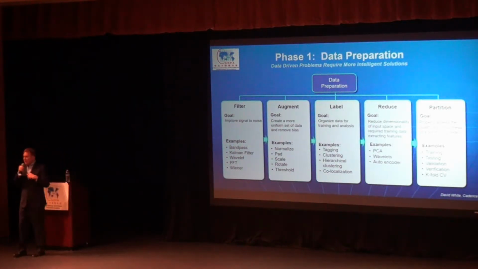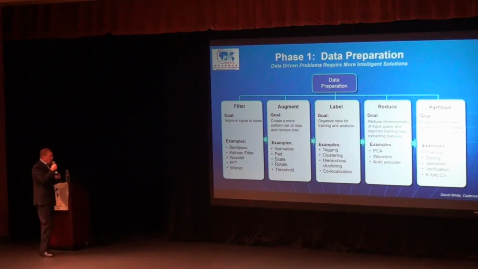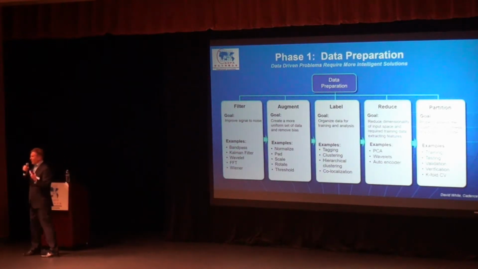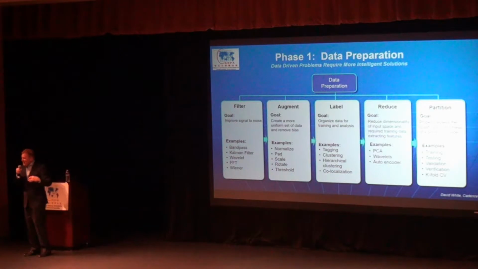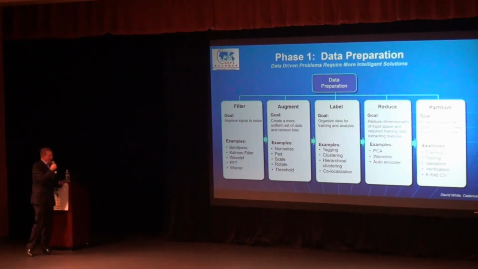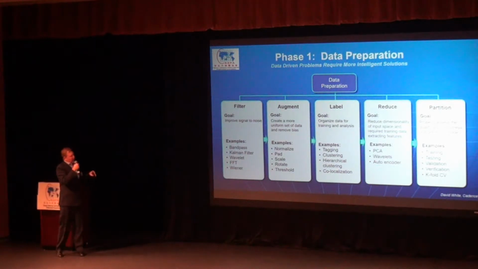The next is labeling. So it's very important to organize your data for training and analysis. So how do you tag the data, how do you cluster it, is really important. Now, Rob and I have given talks back to back so many times, I know his slides. So I'll allude to one of Rob's slides where he showed the bird with the frog in its mouth.